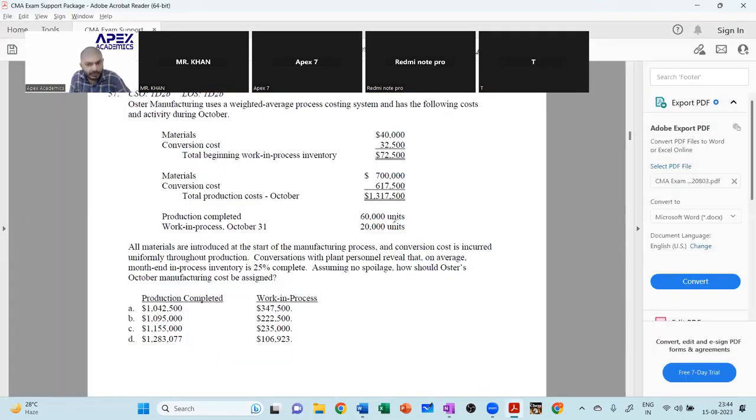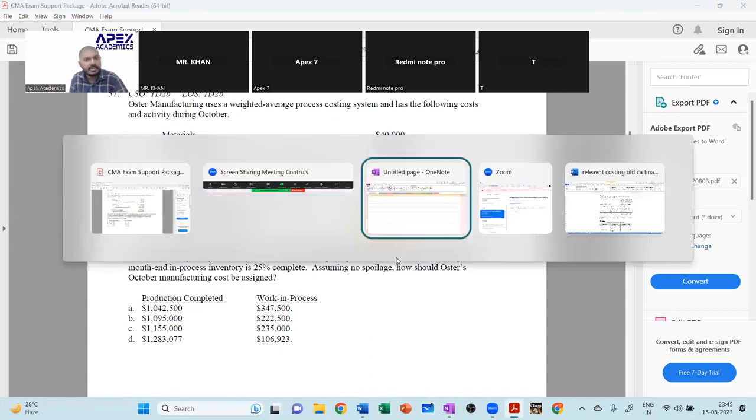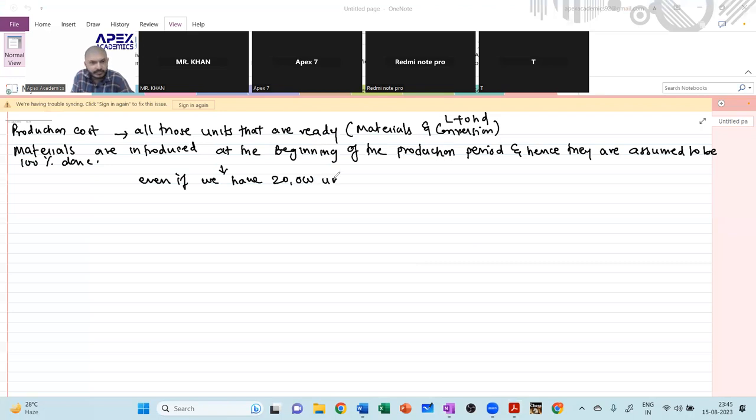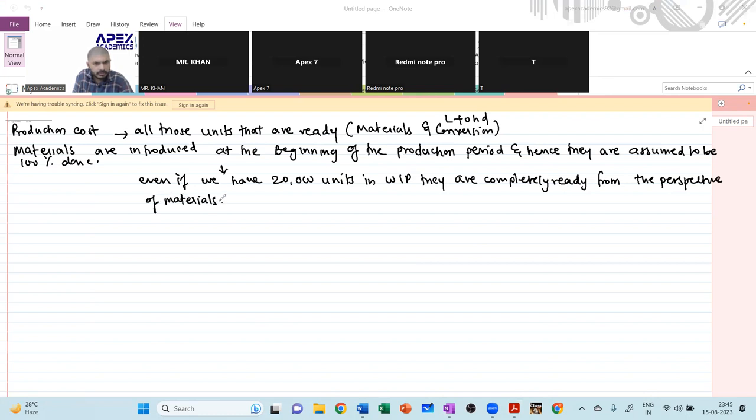Even if we have 20,000 units, these 20,000 units, can you see this 20,000? Even if I have these 20,000 units in WIP, they are completely ready from the perspective of materials.